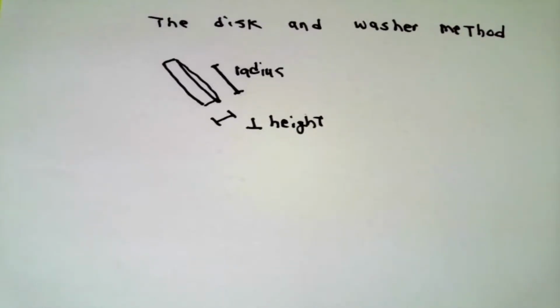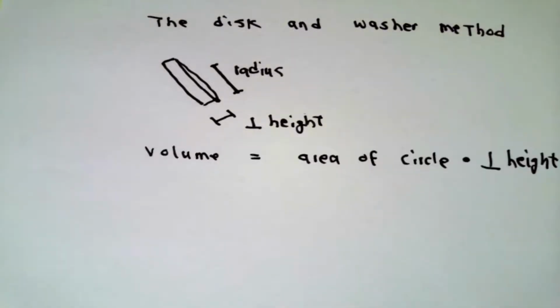How much volume does something like that have? Since it's a piece of a cylinder, we know that this is going to be the area of the face times the perpendicular height. But we also know that the area of a circle is pi times the square of the radius, so this is going to give us the formula that we're going to use.